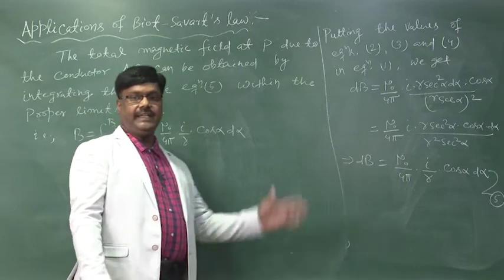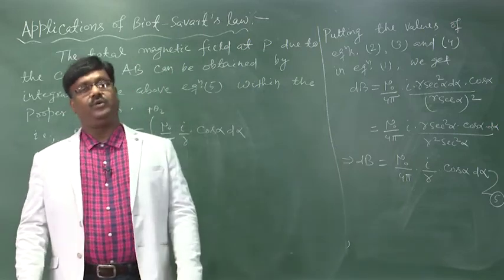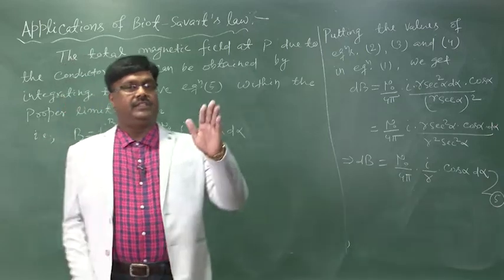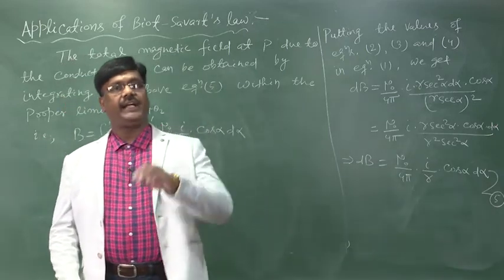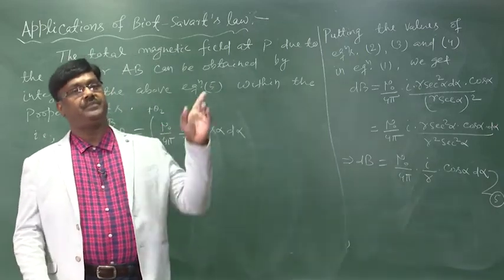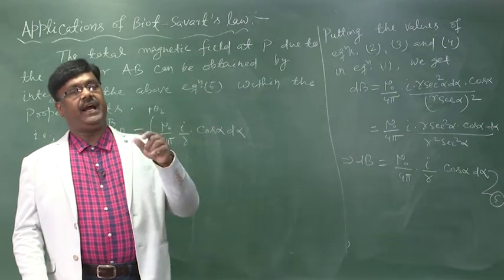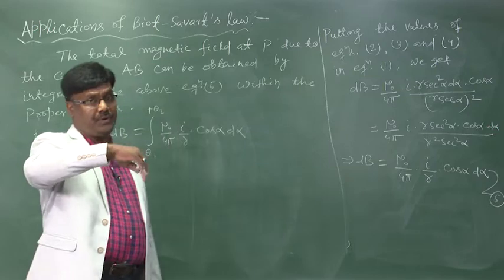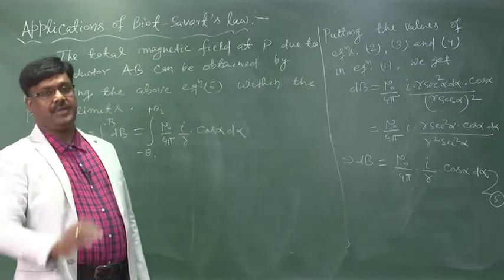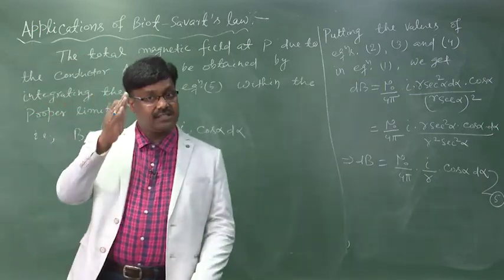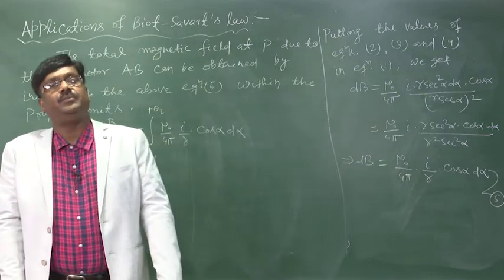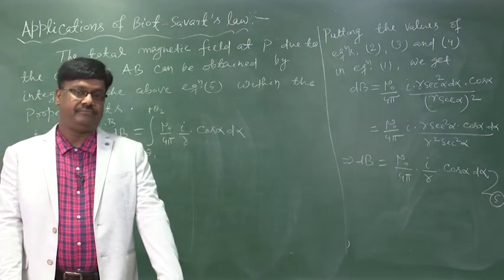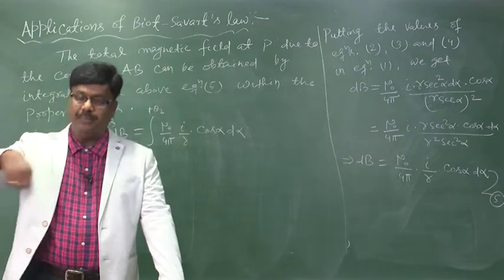Because in our diagram what we have taken? We have taken θ1 as the angle between AP and PM, which is drawn from PM towards AP, and θ2 is the angle between PB and PM, which is drawn from PM.